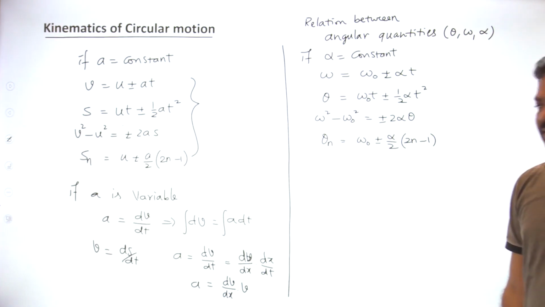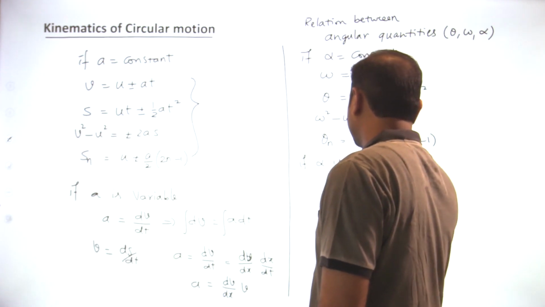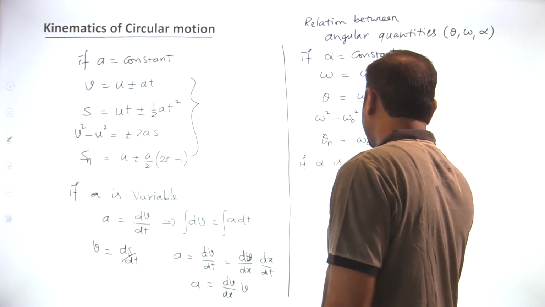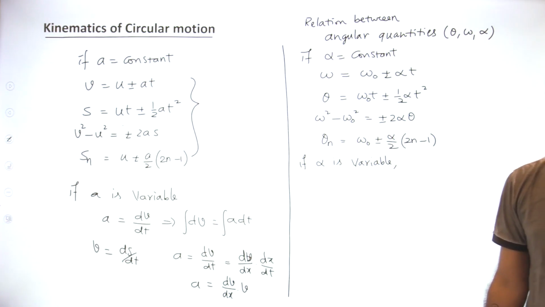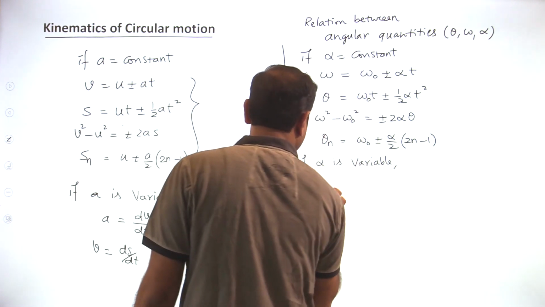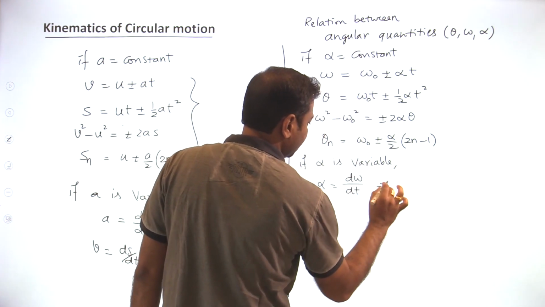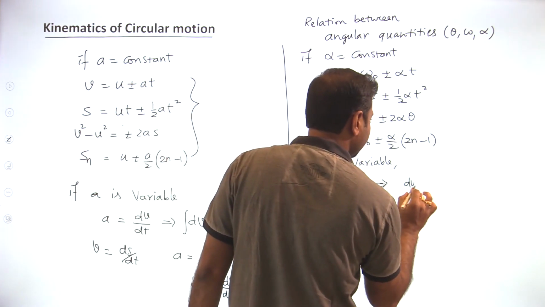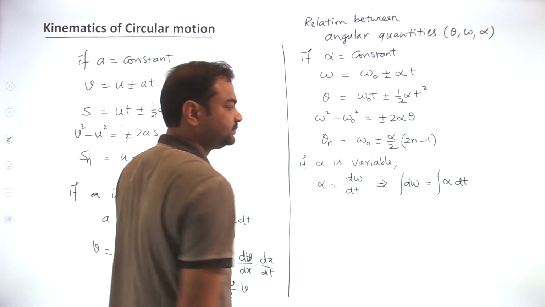If alpha is variable, then what to do? Then we can use integration and derivatives. If the alpha function is given, then alpha is equal to d omega by dt. If you want to find the angular velocity after some time t, then d omega is equal to alpha into dt. Now integrate.